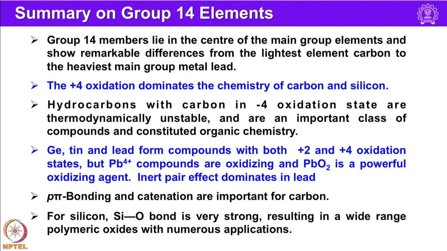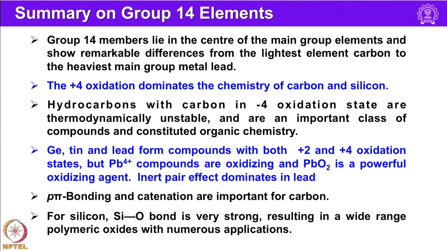state. Hydrocarbons with carbon in -4 oxidation state are thermodynamically unstable and are an important class of compounds that has constituted organic chemistry. Germanium, tin and lead form compounds with both +2 as well as +4 oxidation states, but lead 4+ compounds are oxidizing. PbO2 is a very powerful oxidizing agent and inert pair effect dominates in lead.